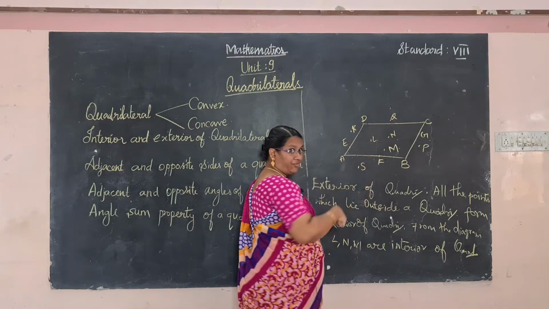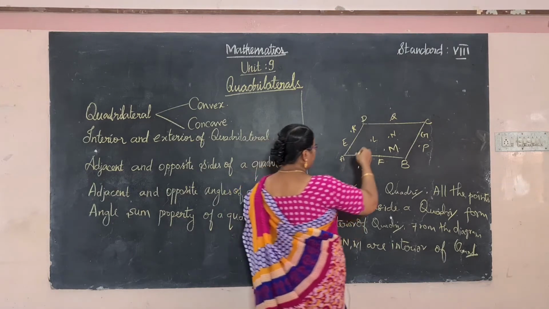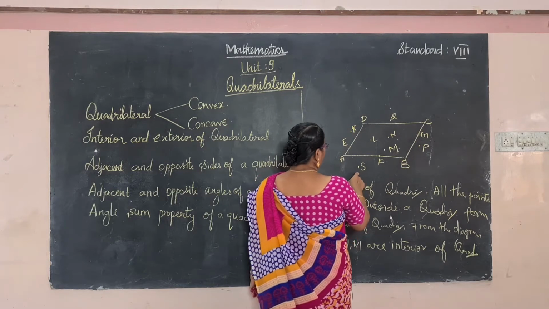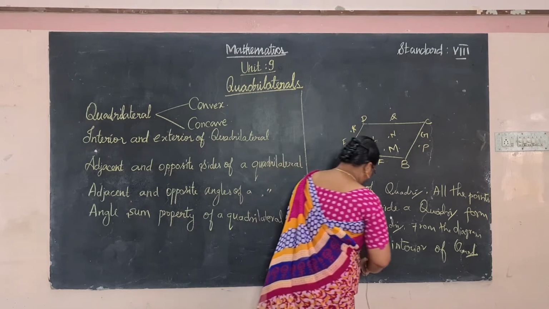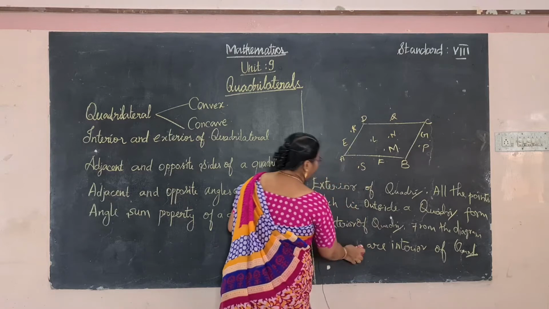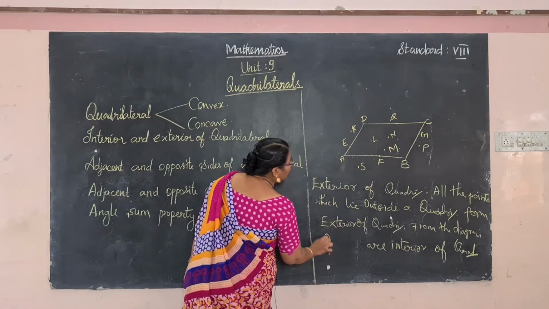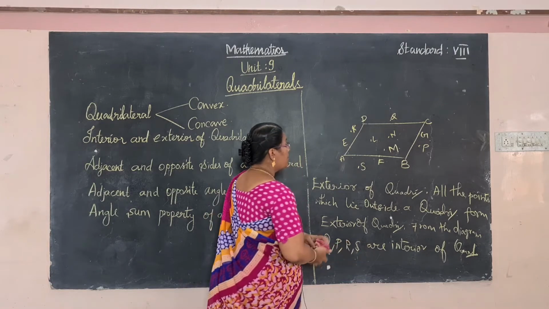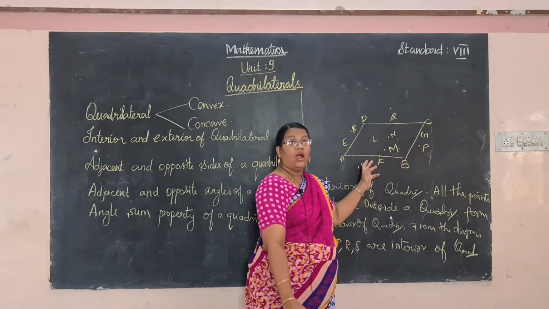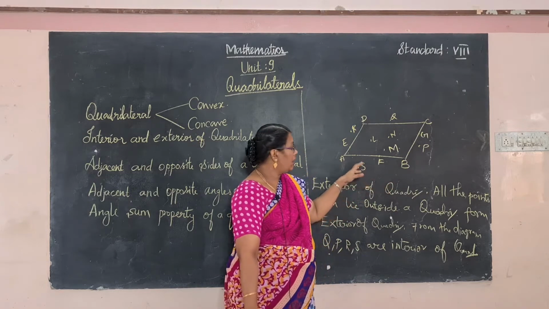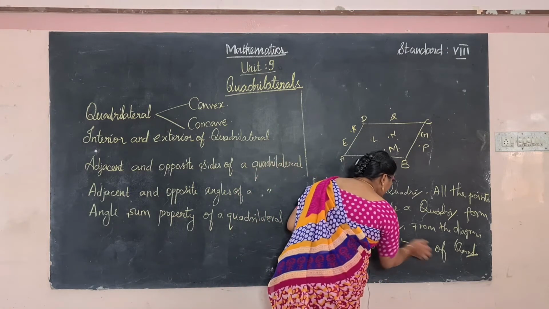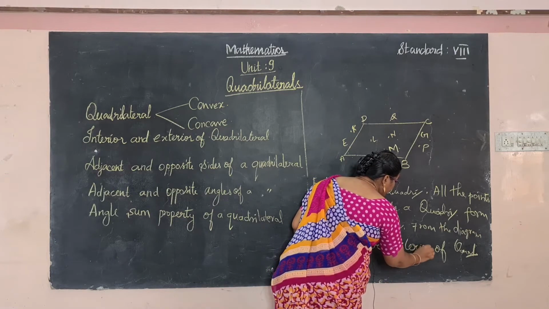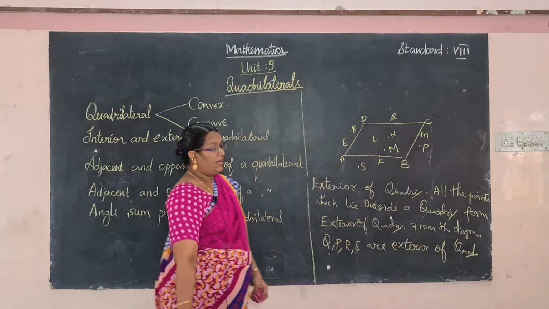Outside of the quadrilateral. Which are the points? Q, P, S, R. These all lie outside of the quadrilateral. So these are called the exterior of the quadrilateral.